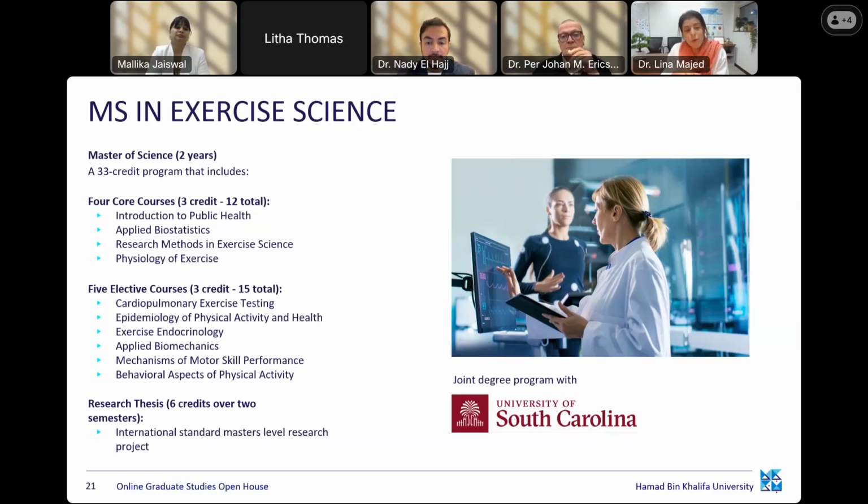Students will also have to complete 5 elective courses that would target different topics like cardiopulmonary exercise testing, epidemiology, exercise endocrinology, biomechanics, motor control, or behavioral aspects of physical activity. The second year will be focused on research, and this is where students will collect data in the lab and complete their research thesis.